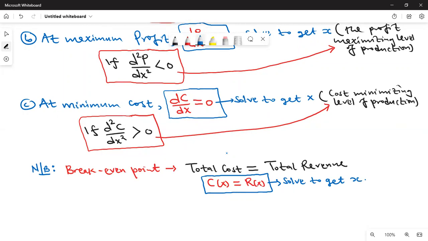How many do I need to sell for me to recover the amount that I used in production, so that anything that you sell on top of the break-even point will give you profit. So I hope that is understood. Another term here is what you're calling the point of diminishing returns.